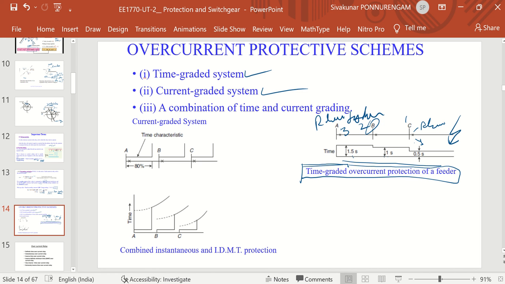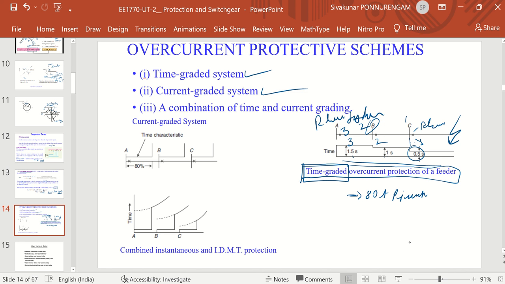Simply we consider the time grader, which means if the relay has 80 amps as the pickup value, and that 80 amps is received by this relay, relay 1 gets it and then waits for 0.5 seconds, and it may trip.